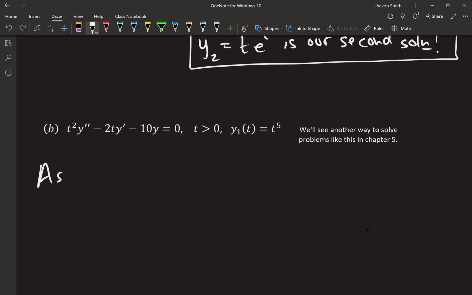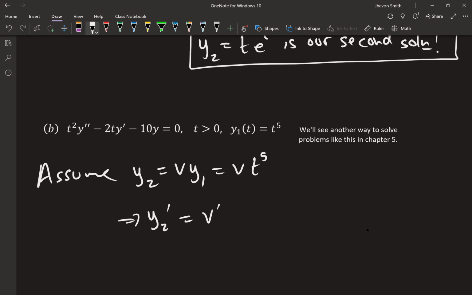I'm going to assume the second solution is some function times the first solution. That is some function times t to the fifth. This means my derivative is going to be v prime t to the fifth plus 5v t to the fourth.